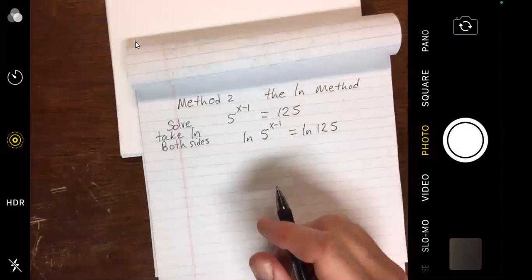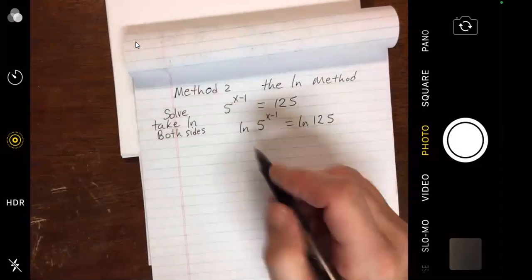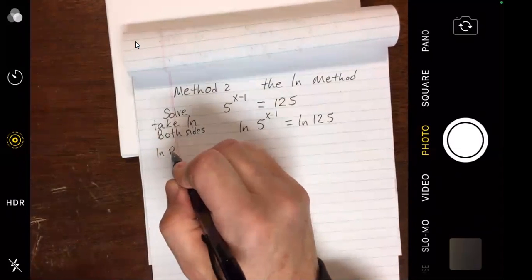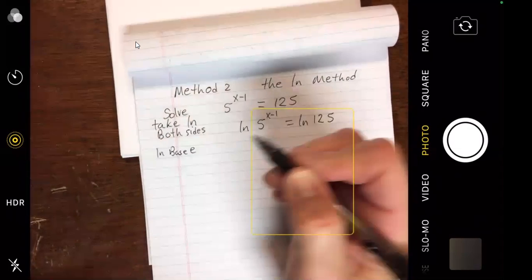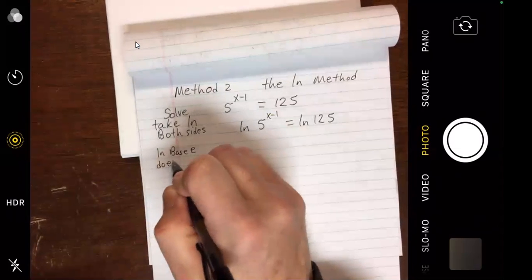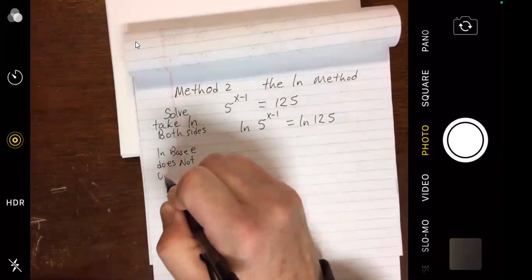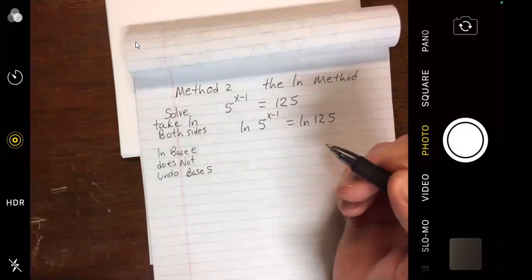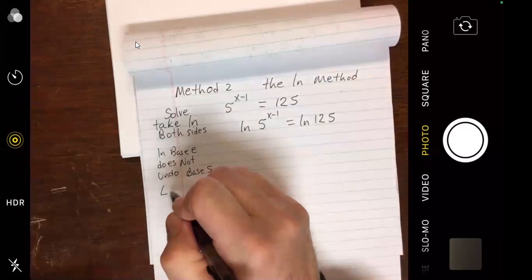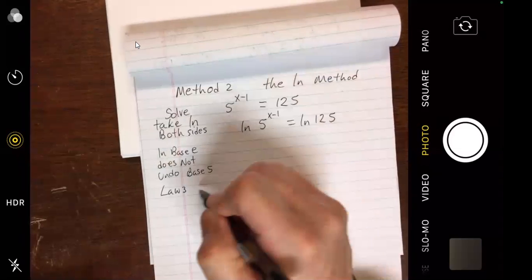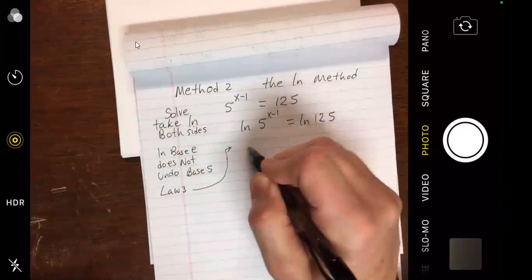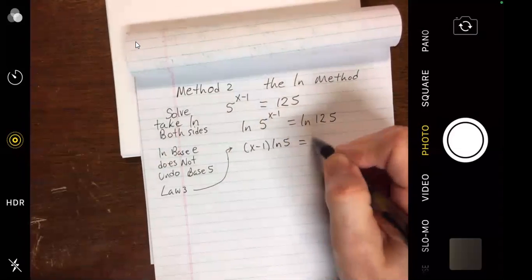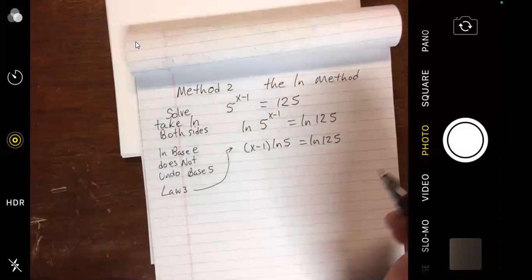Now at first glance, this is probably considered very stupid. ln is base e. Base e does not undo base 5. But we have law 3. Under law 3, I can write this as x minus 1 times ln of 5 is equal to ln of 125.